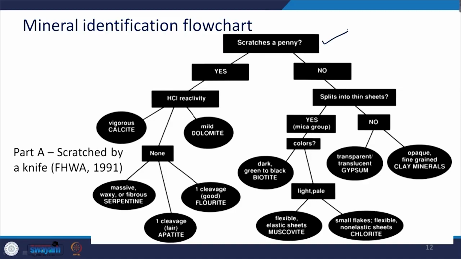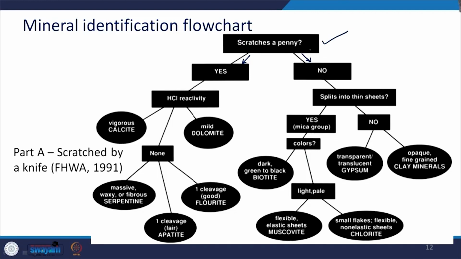You have seen on the Mohs hardness scale what the hardness of the penny is, where it is lying in between. So, first we should check with that. If the answer is yes, we come to this branch. If the answer is no, then we have to go the other way round.